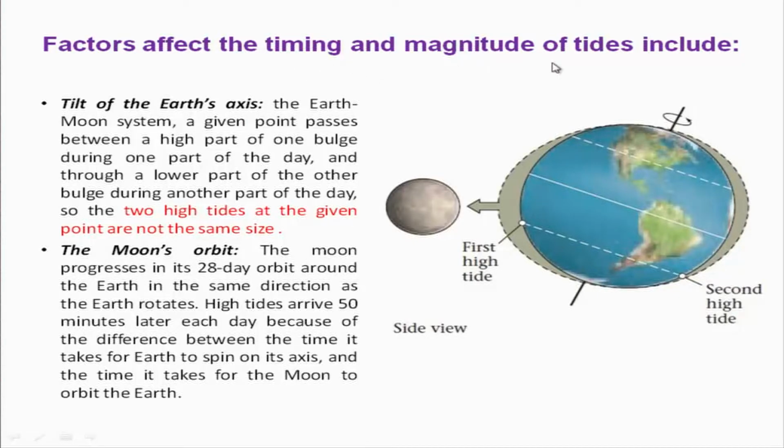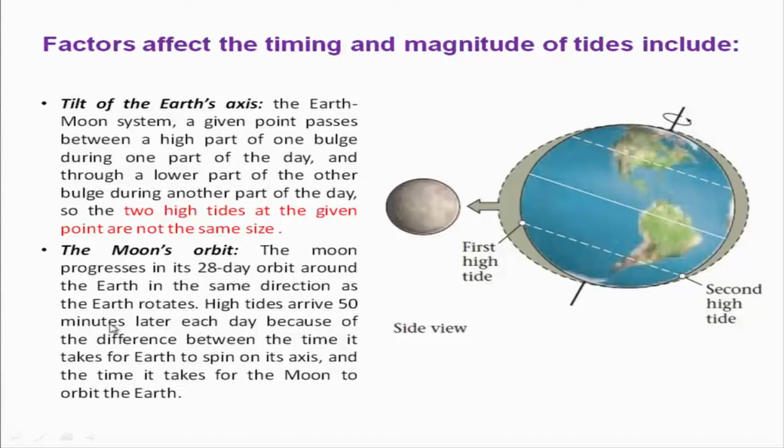So, the timing and the magnitude will be affected because one is the tilt, that is the tilt of the Earth's axis and the rotation and its relation with the rotation of the Moon in its orbit. So, the Moon progresses in its orbit around the Earth in the same direction as the Earth rotates.